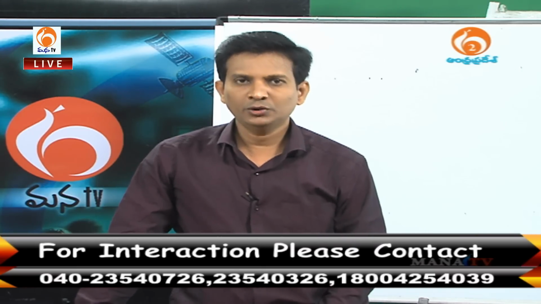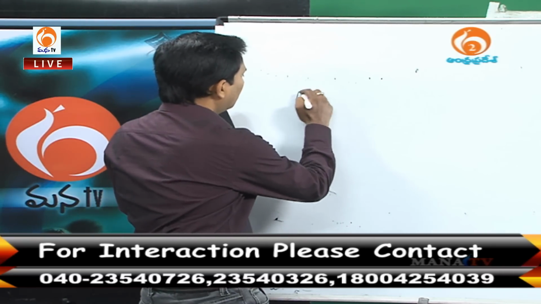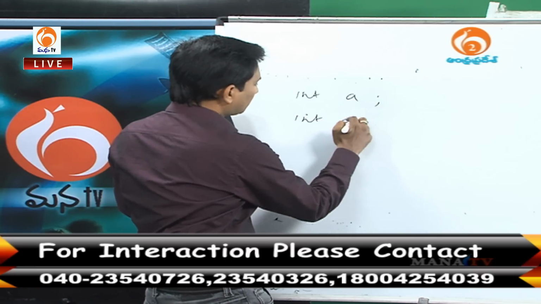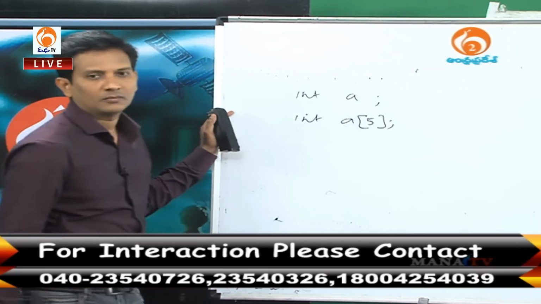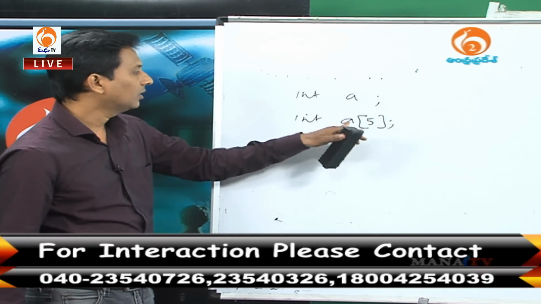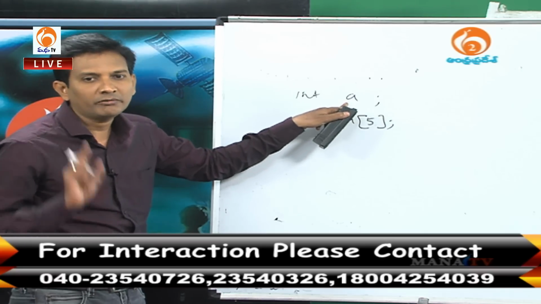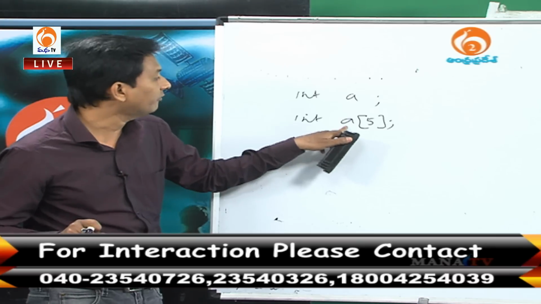Why do we use an array? A variable stores only one value, whereas an array stores more than one value. That is the difference between a variable and an array. Here this is a variable, this is an array. Here A stores only one value at a time, whereas an array stores more than one value.